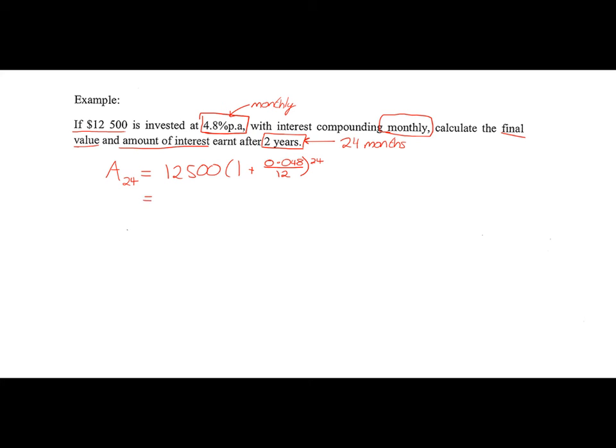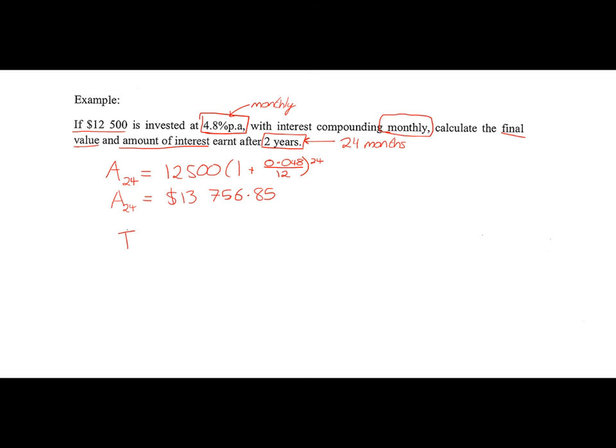You put that into a calculator, and you will find that it comes out to 2 decimal places as 13,756 and 85 cents. So after 2 years, 24 months, the amount that's actually in the bank account has risen to $13,756.85.